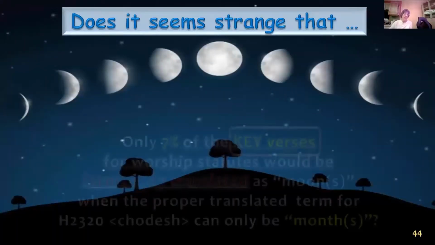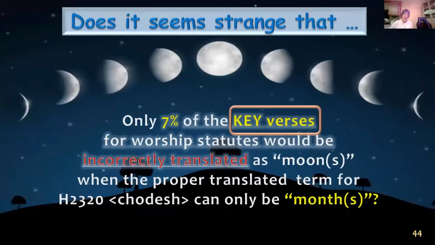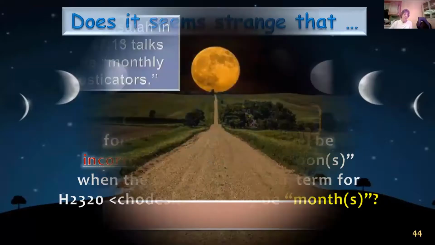Does it seem strange that only 7% of the key verses for worship statutes would be incorrectly translated as moons, when the proper translated term for 2320 Kodesh can only be months? We're wondering why only 7%.